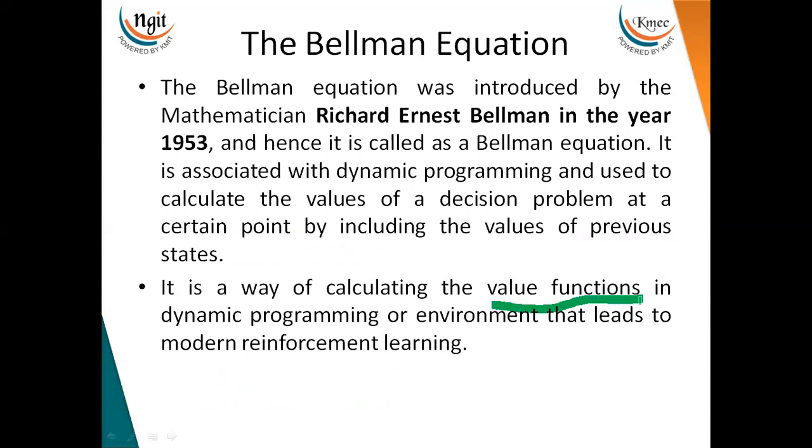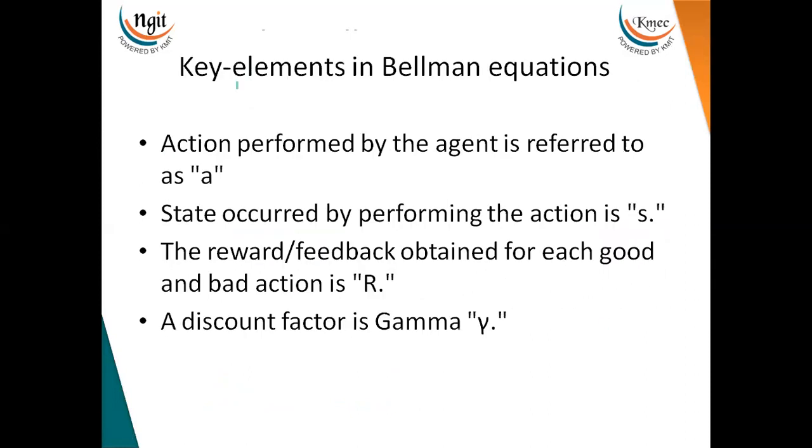While considering the value function, I remember that the reward I get in the next state is based on the previous state. Now, let us consider that A is the action performed by the agent, and S is the state that I obtain after taking the action A.